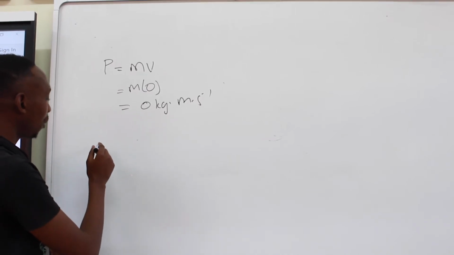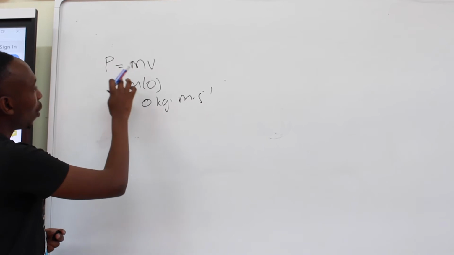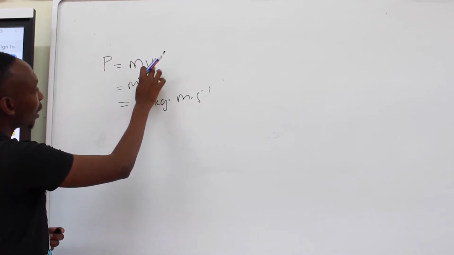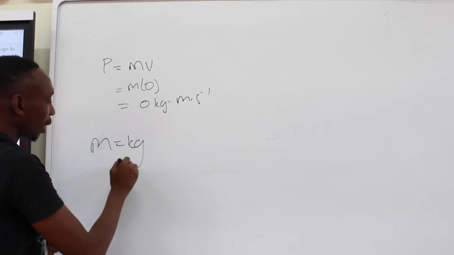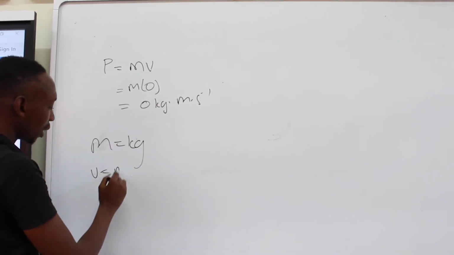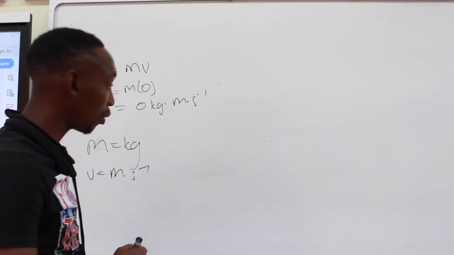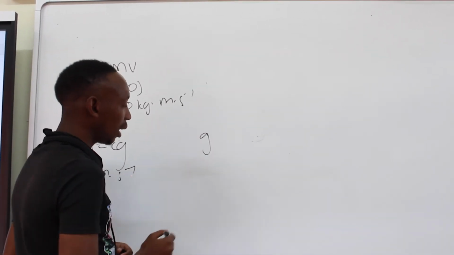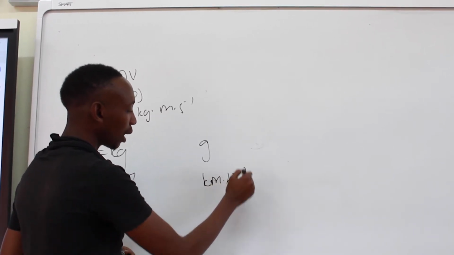So momentum is always represented by small letter p and is the product of the mass and the velocity, where mass is measured in kilograms and velocity is measured in meters per second. Sometimes in questions they can give you your mass in grams and sometimes they like to give you the velocity in kilometers per hour.